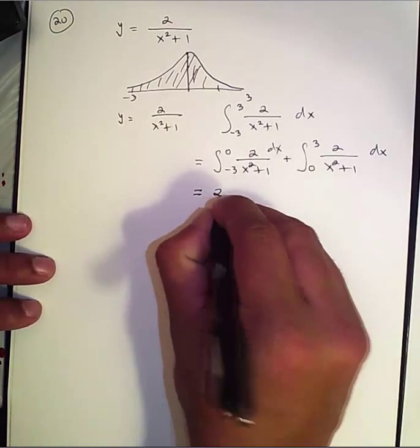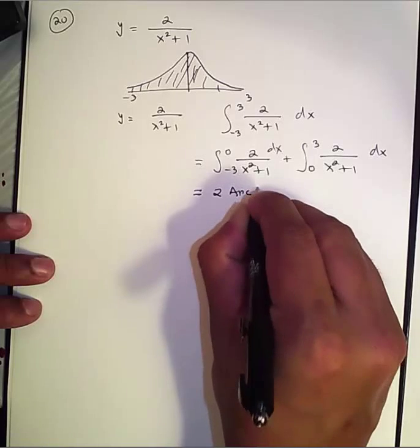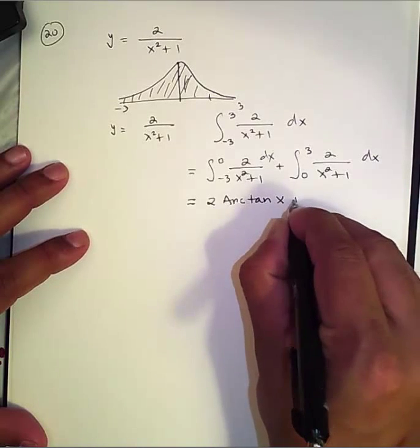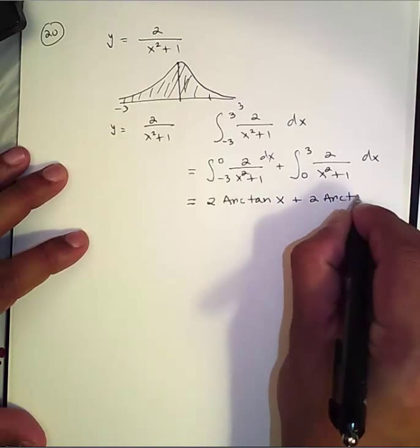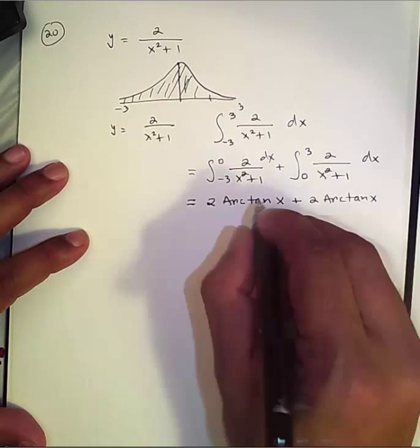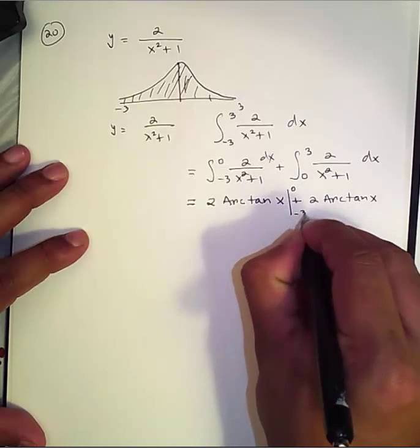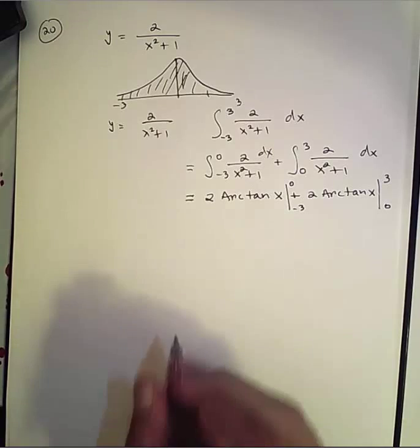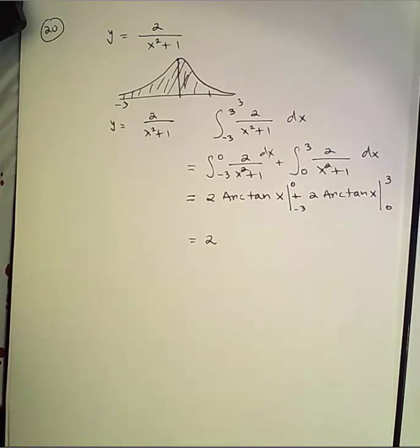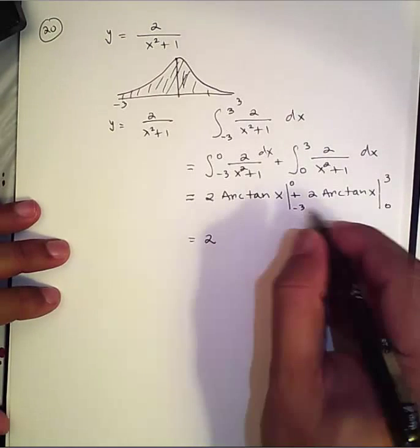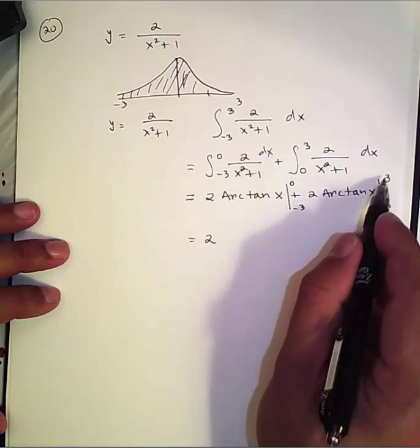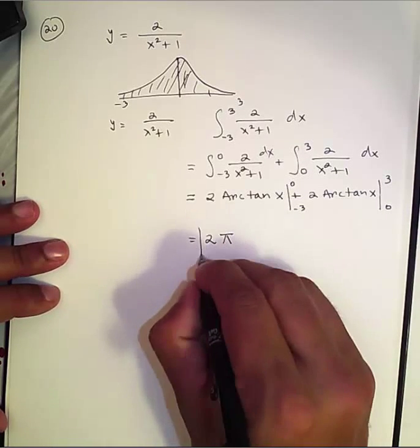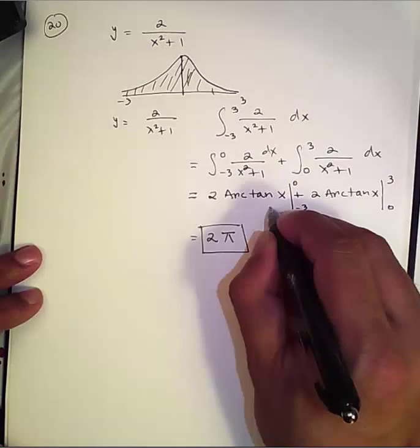So this is going to be 2 arctan x plus 2 arctan x, and this one's gonna be 0 to negative 3, this one's gonna be 3 to 0. Take out the 2, and you're gonna actually get arctan of 0 to negative 3, and 3 to 0 will actually give you, okay, so check and verify this one.